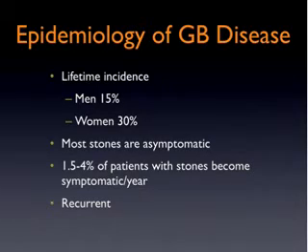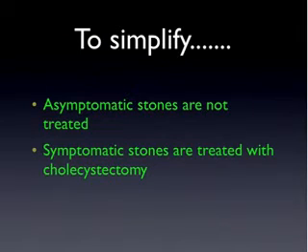This may take the form of simply biliary colic or something more serious like cholecystitis. And this is not a phenomenon that tends to go away. So to simplify, asymptomatic stones are not treated. Symptomatic stones, however, are treated with cholecystectomy.